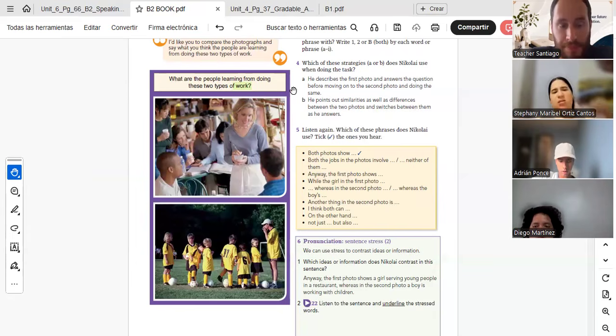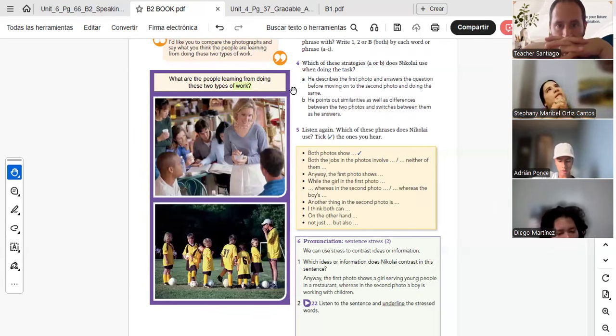In the second image, players train with their coach on the sport field, learning physical skill, fair play, how to follow instructions.